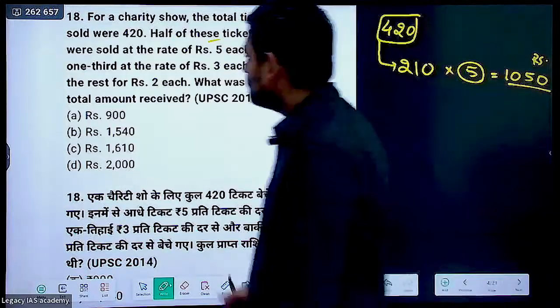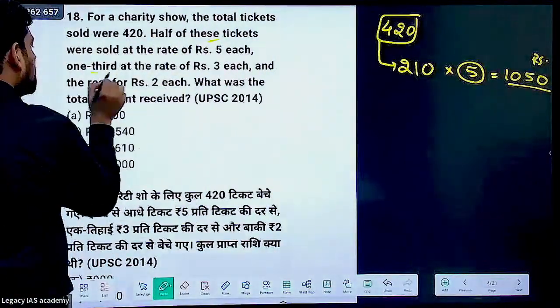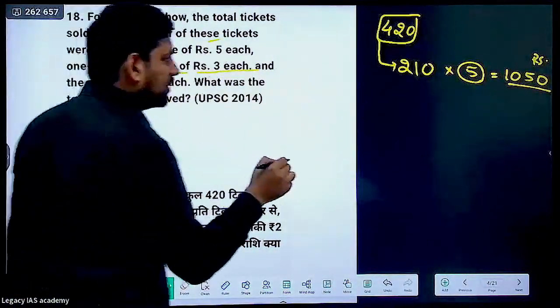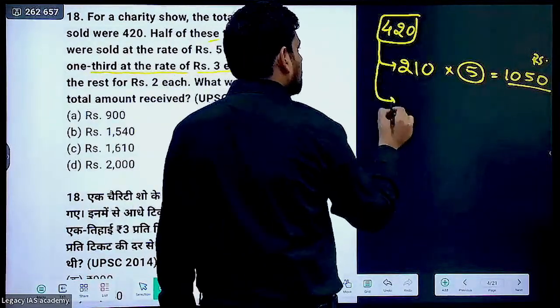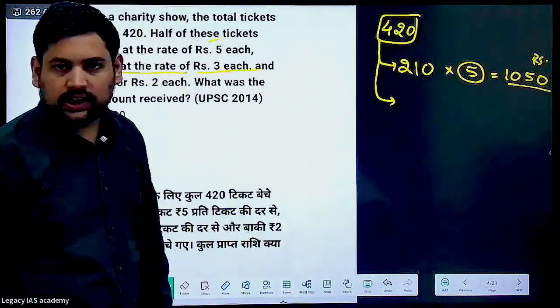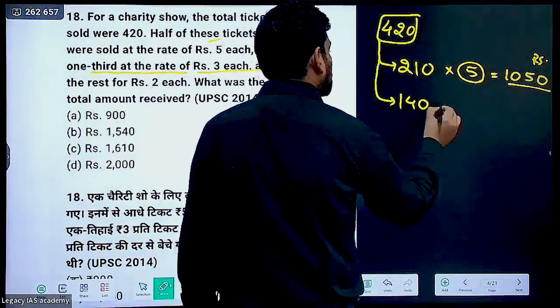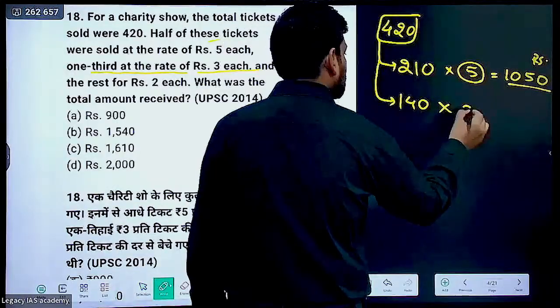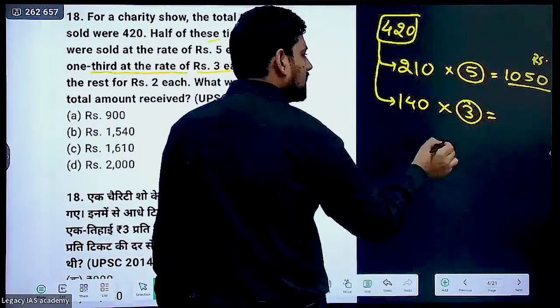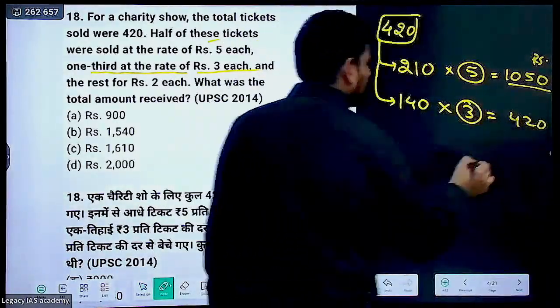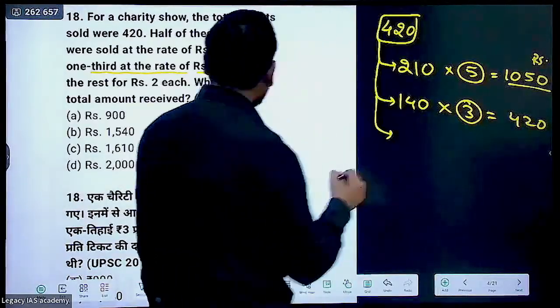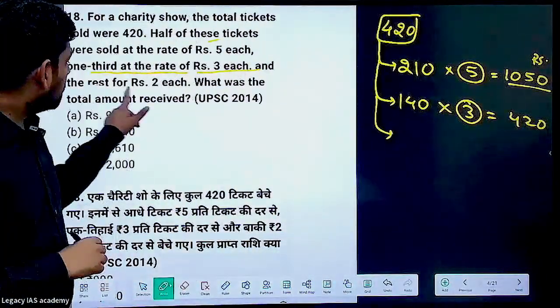Then next part. Next is 1/3 at the rate of 3 rupees each. 1/3 of 420 is what? 140. So 140 at price of 3 rupees each. The total money is 420. Then next it says, and the rest for 2 rupees.